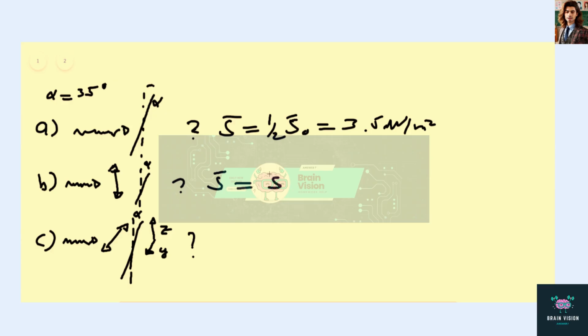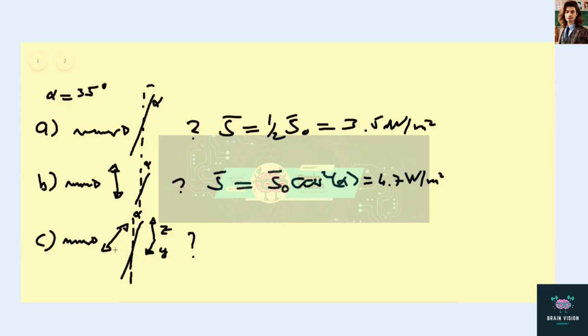And so we have that S bar is going to be S0 times cosine squared of alpha. Working this out, this gives us 4.7 watts per meter squared. What about the last one?